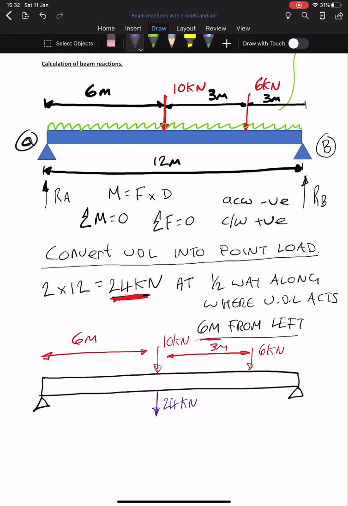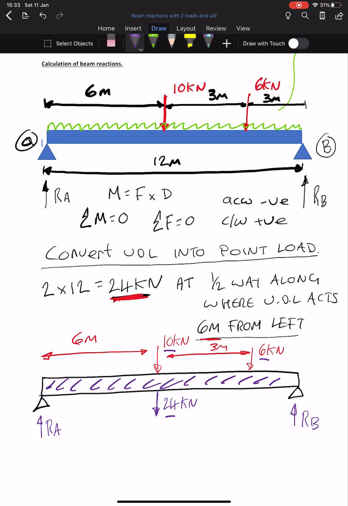So now I've got 3 forces, a 10, a 24 and a 6. I've got to work out that reaction A and reaction B for this beam. So we're still going to use moment, force times distance. Sum of the moments equals 0, sum of the forces equals 0, anti-clockwise negative, clockwise positive.